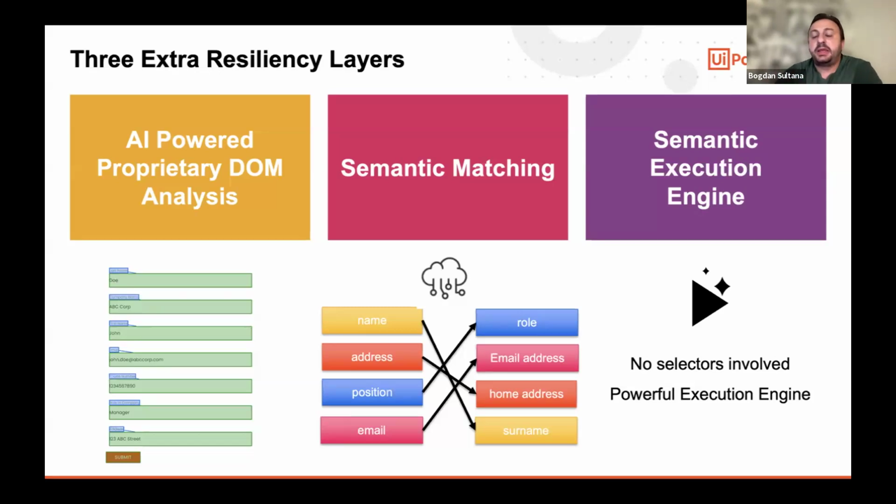And very importantly, the execution engine, coming from the attended world of Clipboard AI, where you have only one chance to do it right in the paste part, you want to make sure the execution is successful. So this execution engine is more powerful than our traditional UI automation execution engine because it has several strategies for recovering and making sure that the values are filled in and everything is executed correctly.